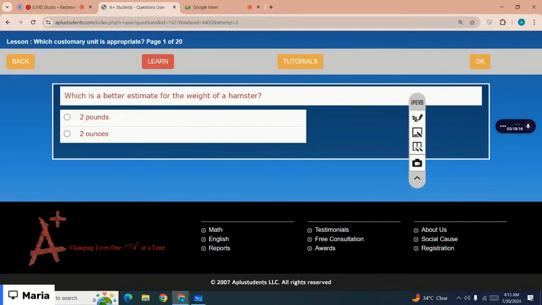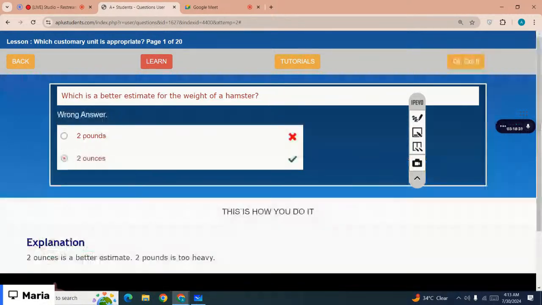The correct option is 2 ounces. 2 pounds is too heavy for a hamster, so the correct option is 2 ounces.